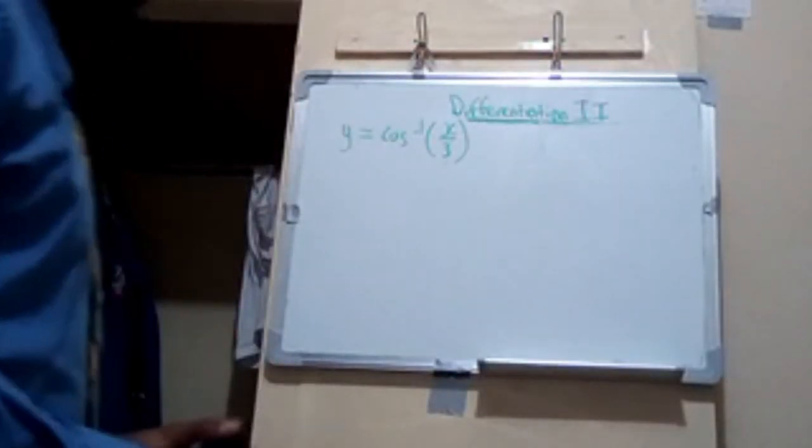So let's say now y is equal to cosine inverse of x over 3.